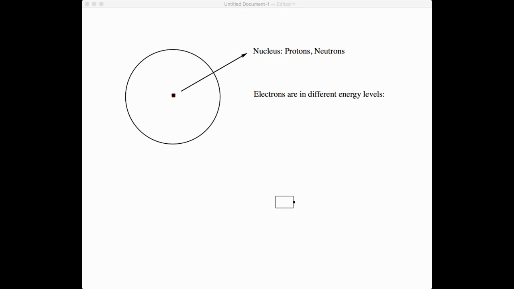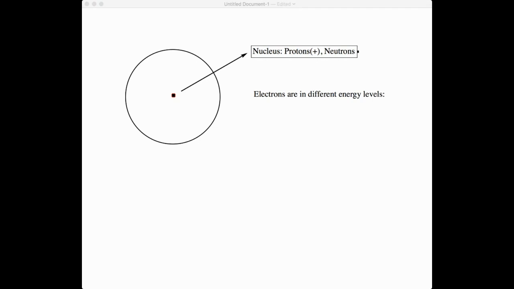So as I said, an atom contains a very small nucleus in which we will find neutrons and protons. So what is the charge of protons? Everybody knows that protons are positively charged, correct? So that we know. I'm gonna say here plus. So everybody follow that. Neutrons are neutral, right?